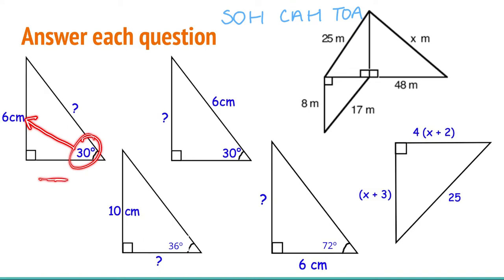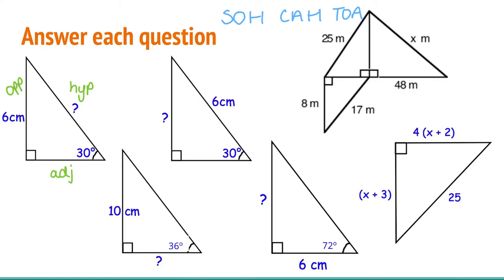Both of these are connected to the angle, so it must be the one that's opposite and completely separate. The hypotenuse is always the longest one, the slanted one opposite the right angle, and then the adjacent is this one here.